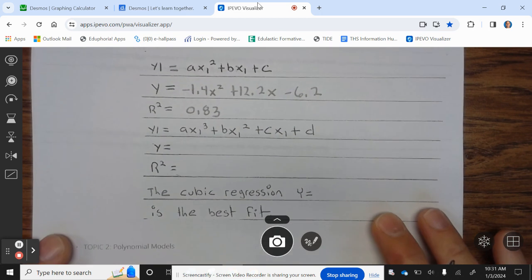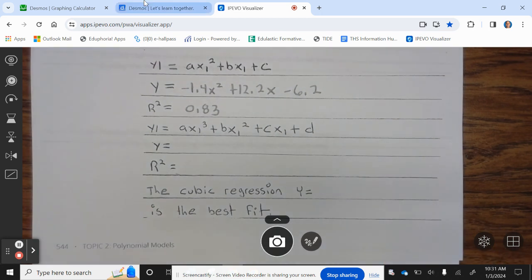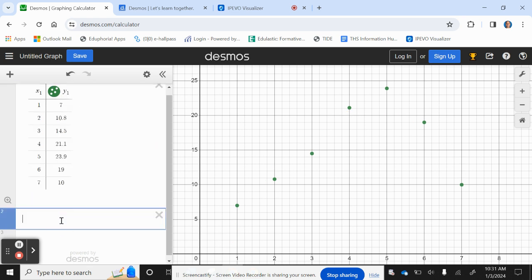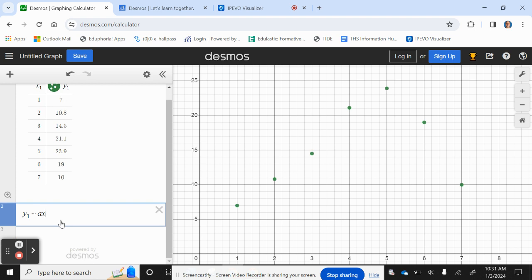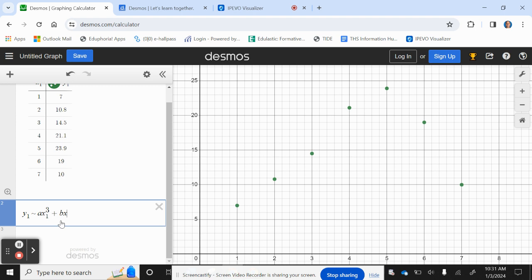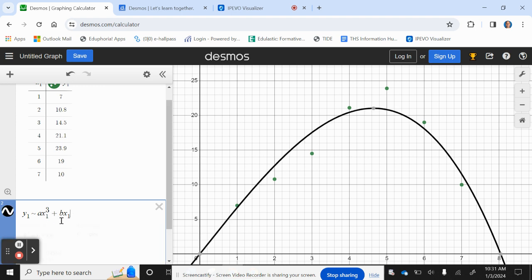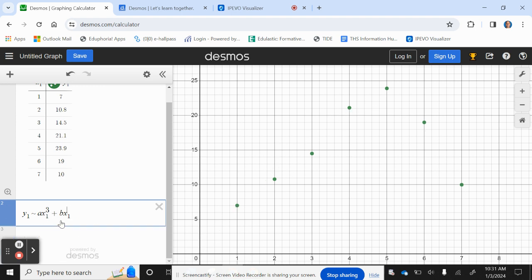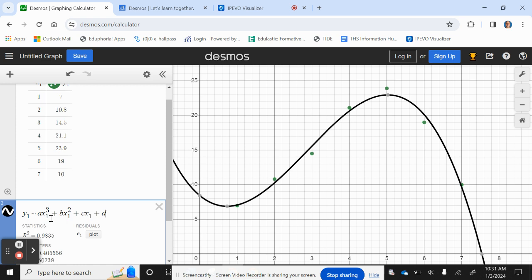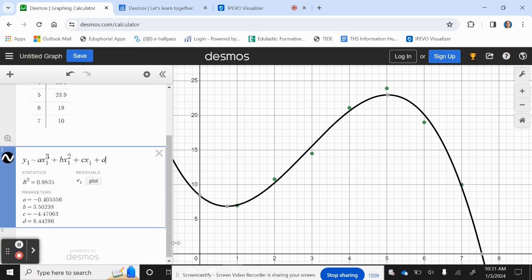Now let's go and take a look at the cubic. So exit that, and then all right, and let's go and round to 1 decimal place for the equation.